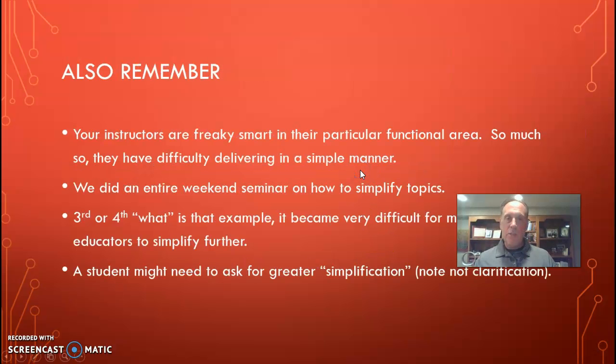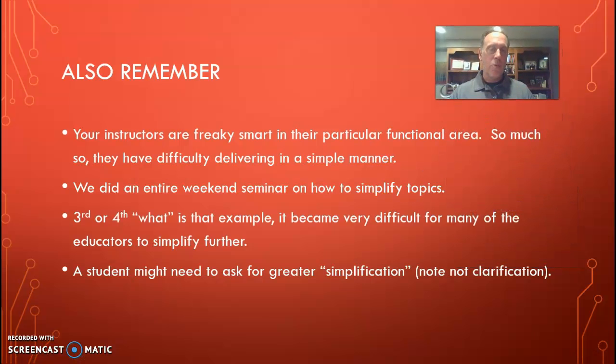And I stress that because, with your instructors so often, we're all pretty, and I say this humbly, we're all pretty freaky smart, right? In our little functional areas, whether it's my silo in terms of exercise science or math or English. I had a professor in college, English 102, Dr. Burrows, who literally went to London.